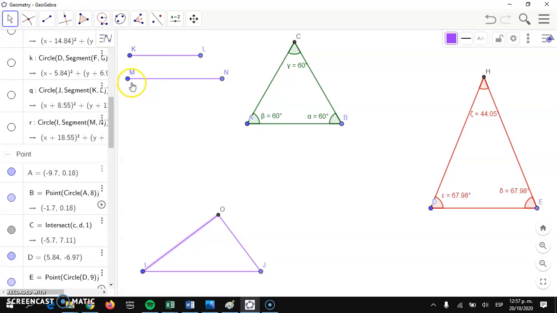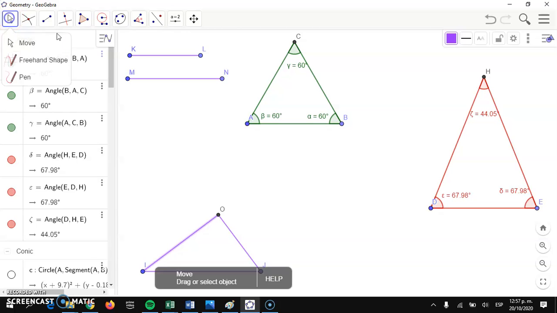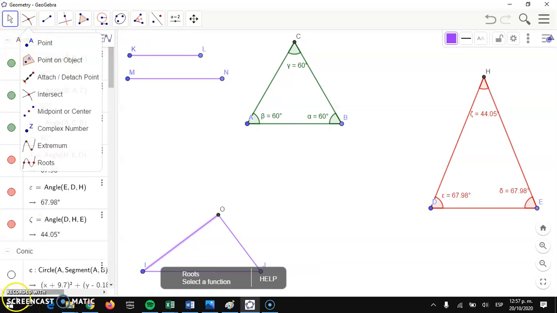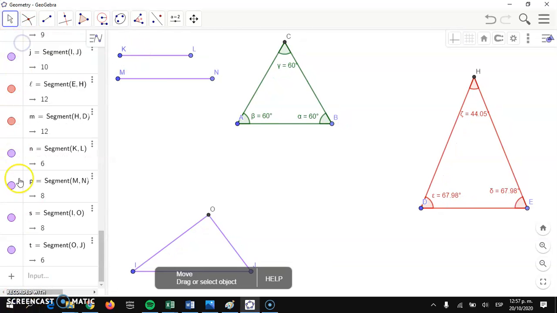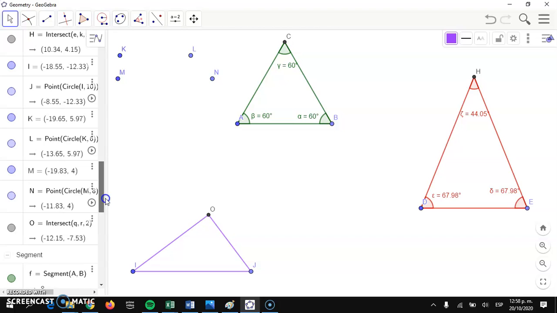As long as we don't need the segments, we're going to hide them. So we're going to click on them and make them disappear. And MN as well. So you can also remove the points.